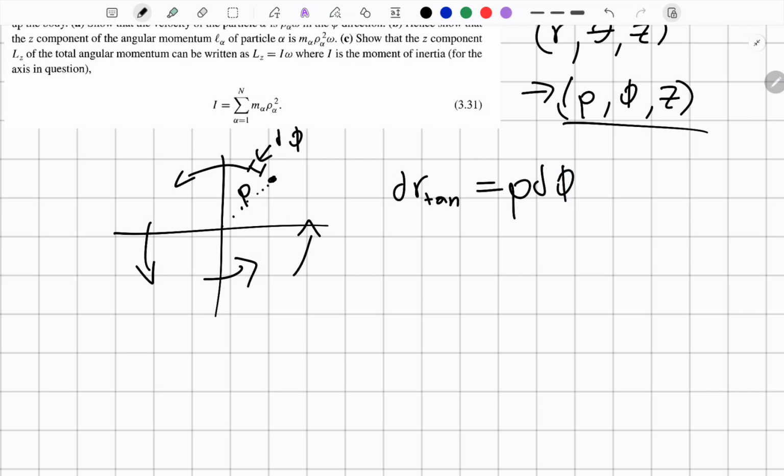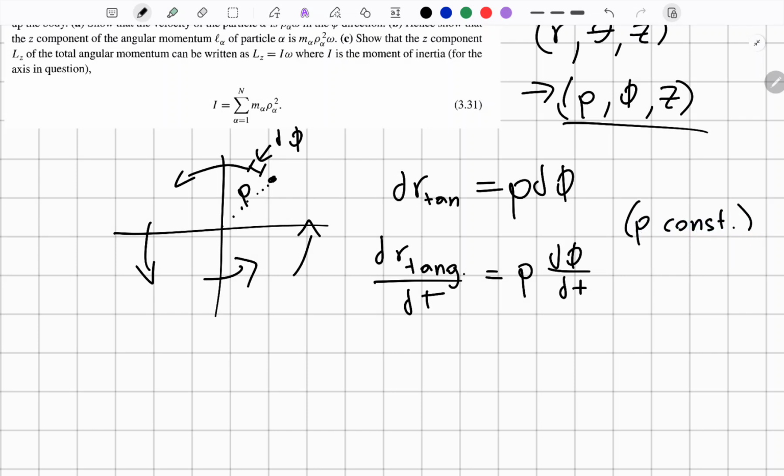Now if we divide this by dt, we will have dr tangential over dt is equal to rho d phi over dt. And this is because we're taking rho to be constant. We're saying that it's not varying for this particle over that path that it's taking, so we're able to leave that out of there.